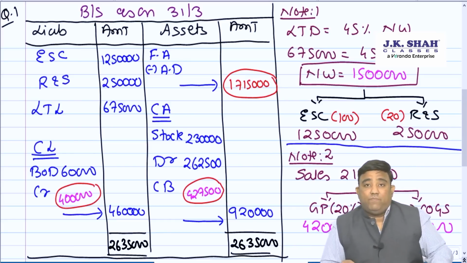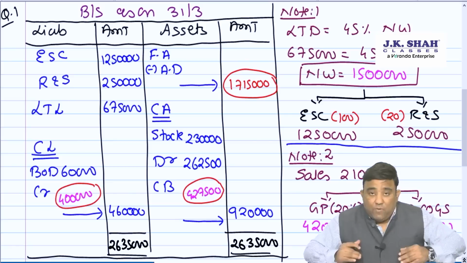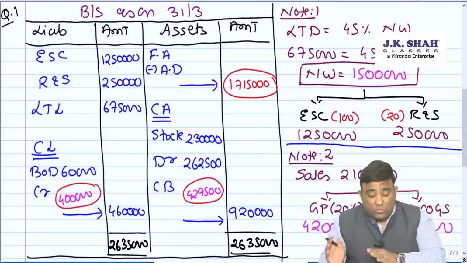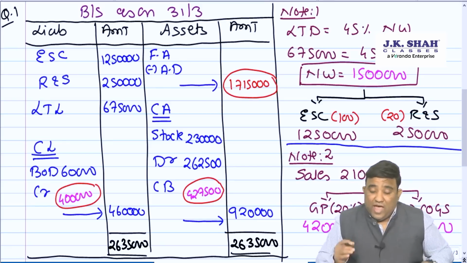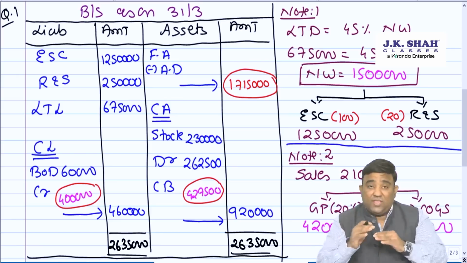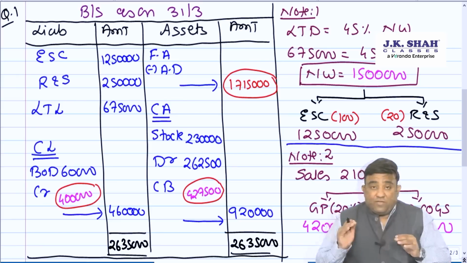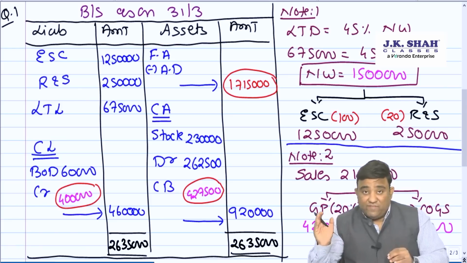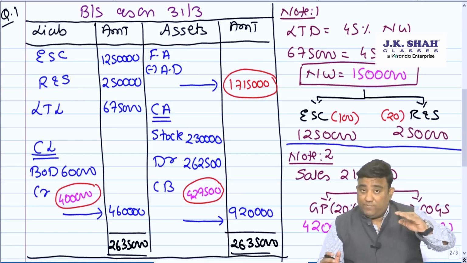Clear everyone? Perfect. Now understand student, we have fixed asset outer column ready, which is WDV, and we better know that 1/6 is depreciation. So can I say if the fixed asset at cost, whatever the figure is, 1/6 is accumulated depreciation.